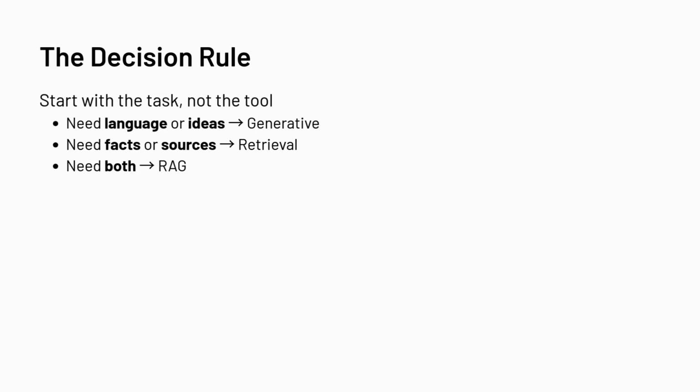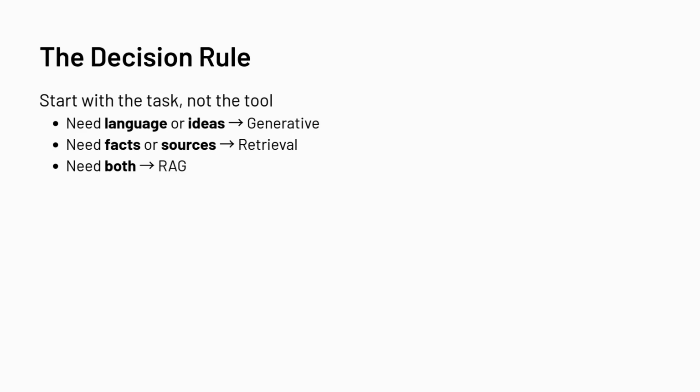If what you need is facts or sources, like checking a claim, finding articles, or answering, "What does the research say?" then you should be using retrieval tools, not generative ones. That means browsers, databases, or tools designed to look things up, not make things up. This is where a lot of frustration comes in higher education.